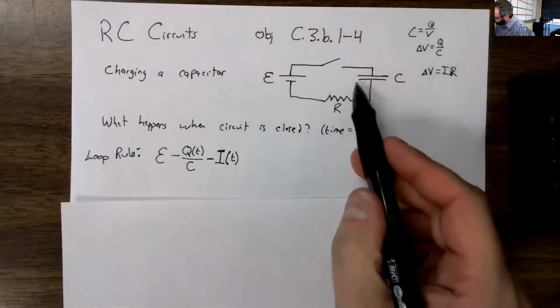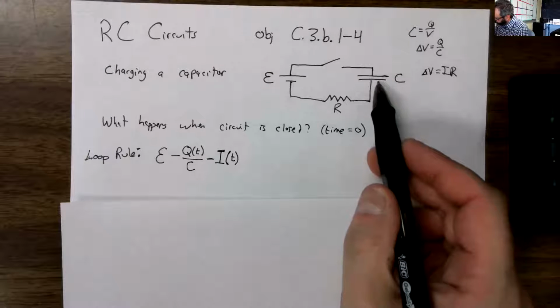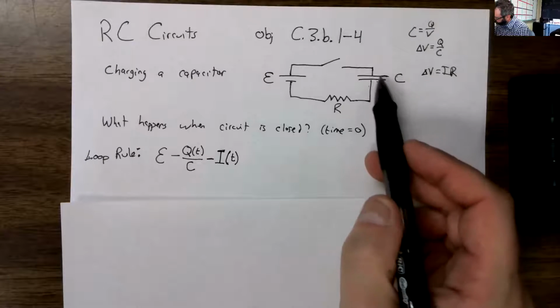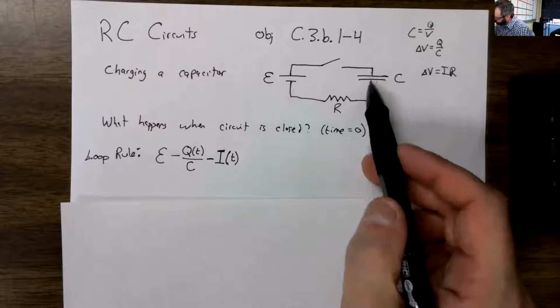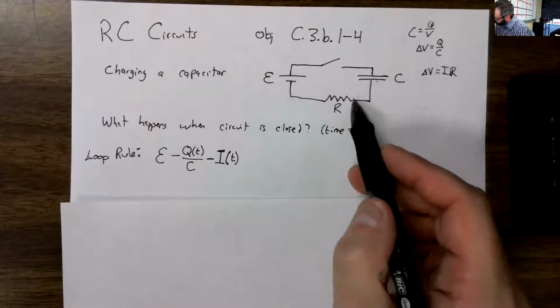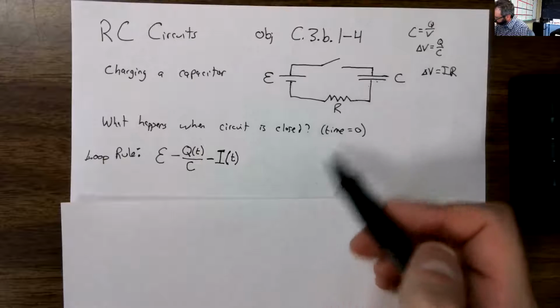As the charge builds up on the capacitor, we're going to be increasing the potential drop over here, and as a result, decreasing the potential drop over here.